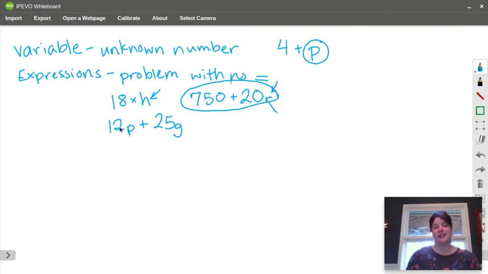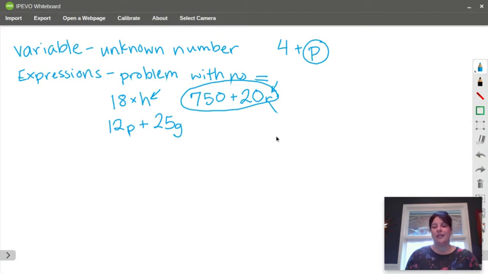So now we can say, okay, 12 times however many paintbrushes I need plus 25 times however many gallons I need gives us this expression. And these numbers are going to change based on how big of a house it is, how many workers you have, or whatever. Okay, so these are some examples of algebraic expressions with variables.